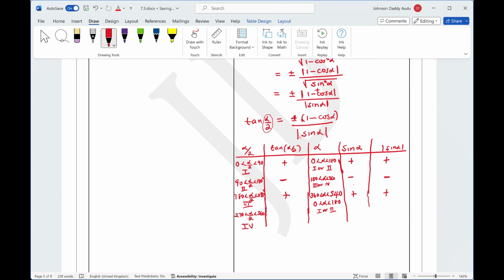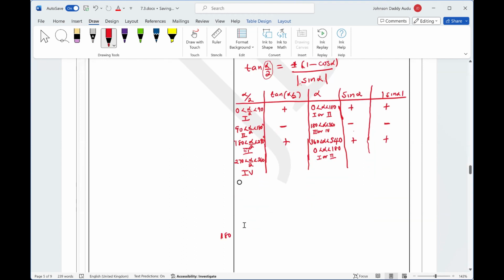Okay, so let me take this down a little. So here I said when you are between 270 and 360, alpha over 2 is in the fourth quadrant. So tan is going to be negative.